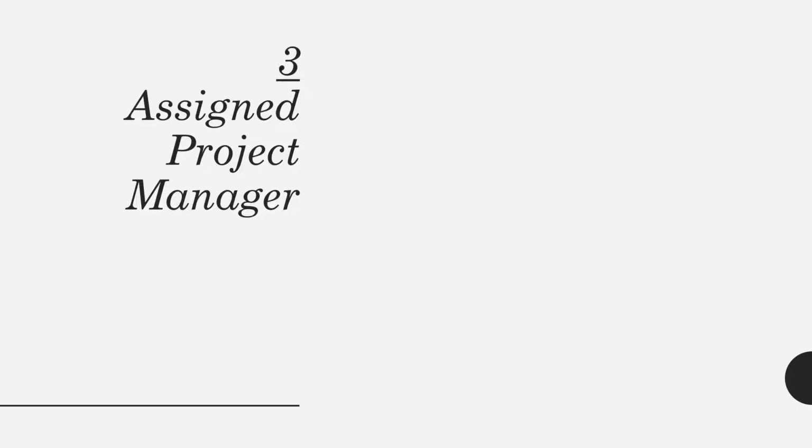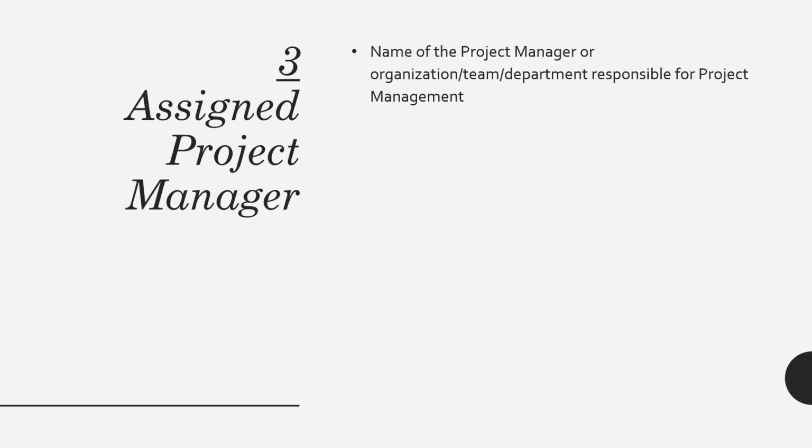Well, that means there is a section in the project charter which mentions the assigned project manager, the name of the project manager, or it is also possible that the organization, the team, or the department which will be responsible for project management or assigning a project manager is named in the project charter.